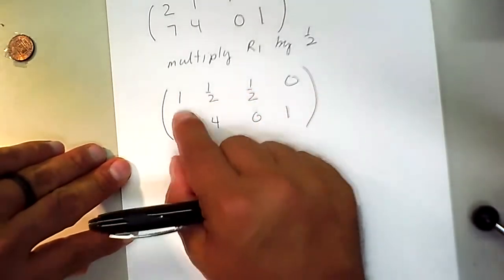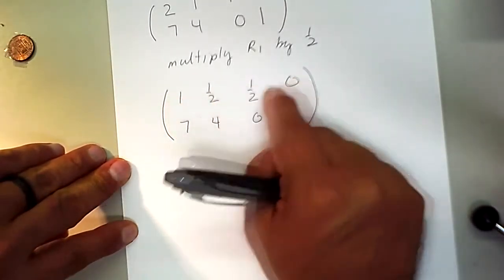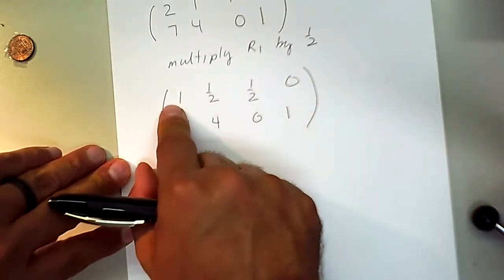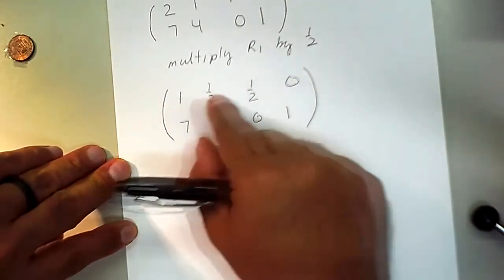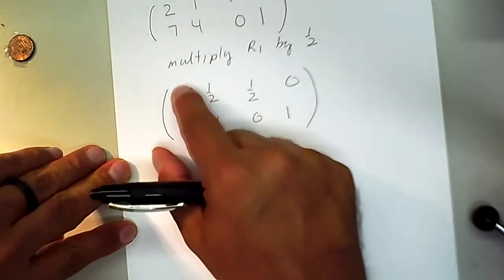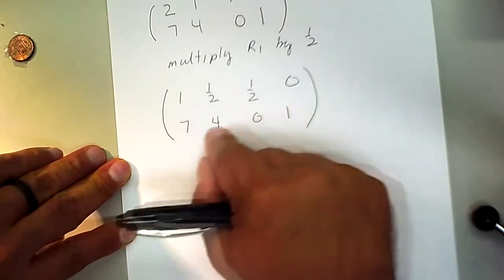Then we're going to subtract. We're going to multiply this by 7, and subtract the second row from that multiplication by 7. But we're not actually going to write down the multiplication by 7. We're just going to do it. This is called the pivot, and we're going to use that to subtract here.